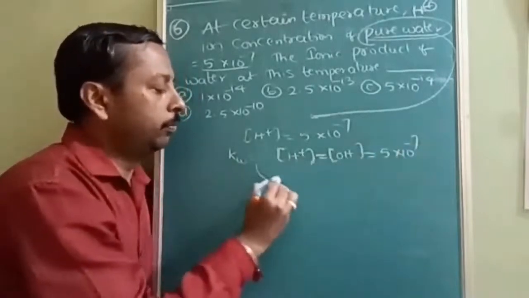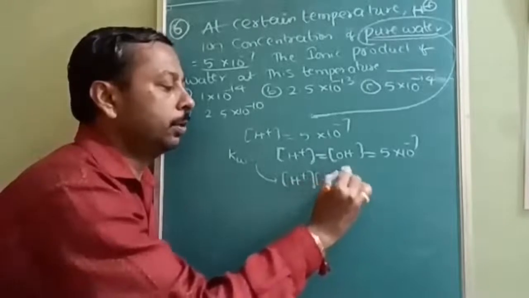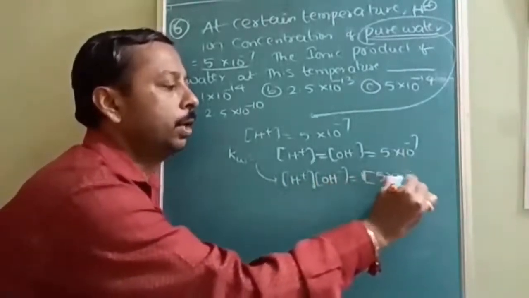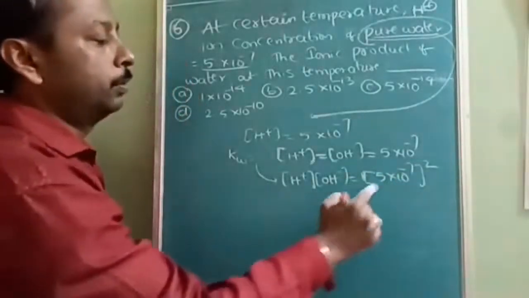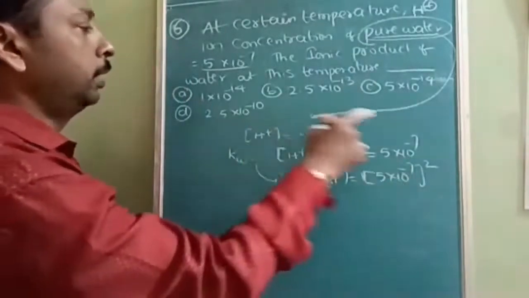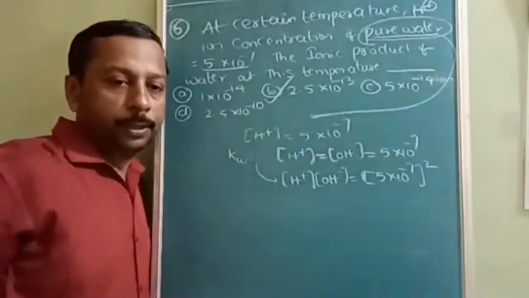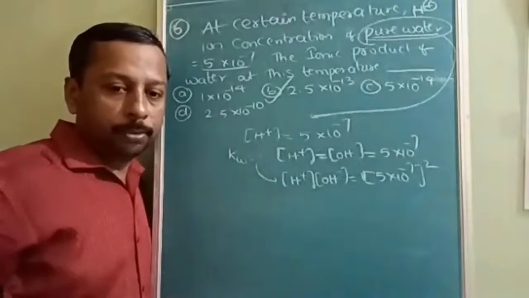The Kw formula is the concentration of H plus into the concentration of OH minus. So we can write it as 5 into 10 to the power of minus 7 whole square. After doing this, you will get 25 into 10 to the power of minus 14, but 2.5 into 10 to the power of minus 13 is the correct answer. So make a note of it.